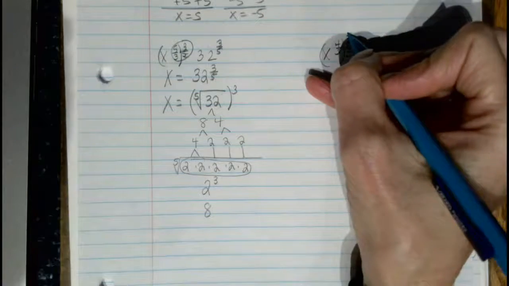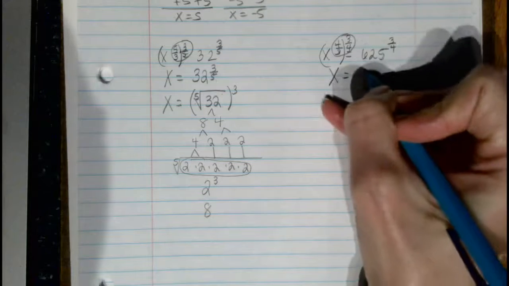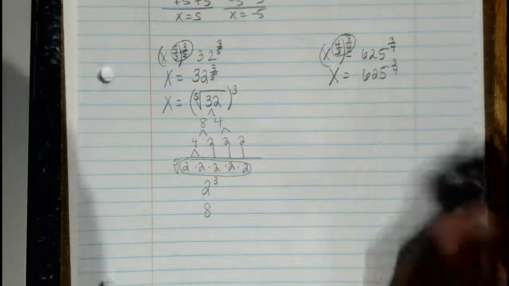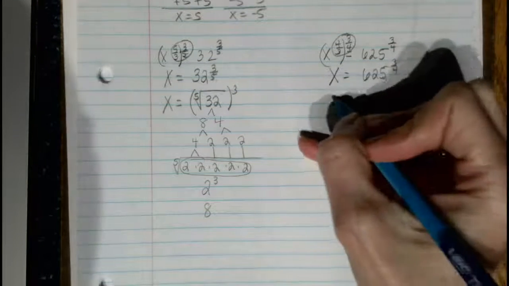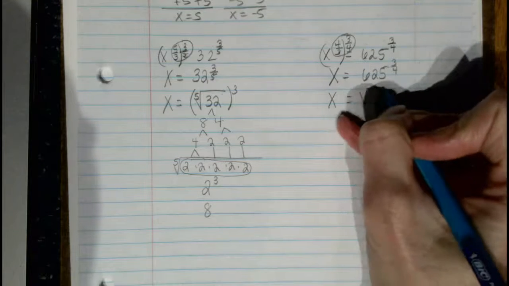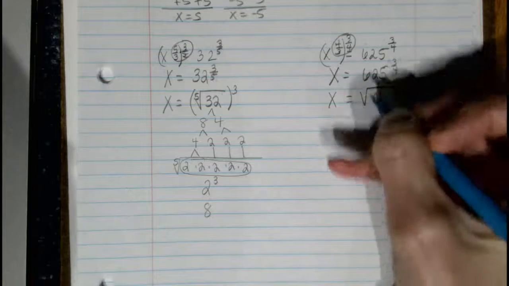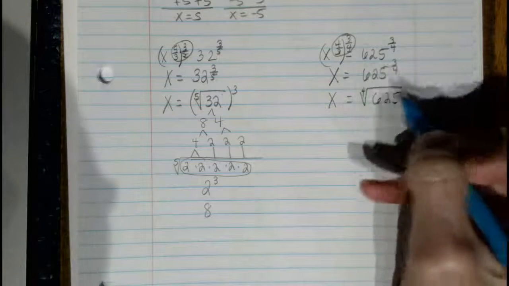And what happens again, 4/3 times 3/4 is 1. So we get x, and then we've got 625 to the 3/4. We want to rewrite this as x equals, well, the base becomes the radicand. The denominator is going to go in the checkmark part.